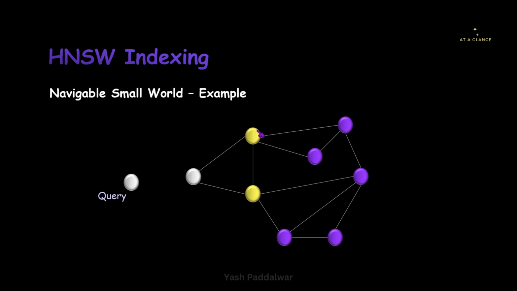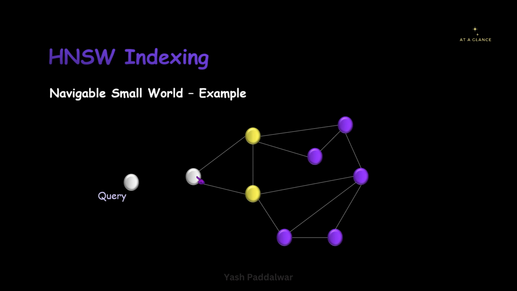We already have the similarity between the query vector and the current node. Now we'll compute the similarity between this neighboring node and the query vector. So we now have two similarities: one between the query vector and the neighboring node, and one between the query vector and the current node.